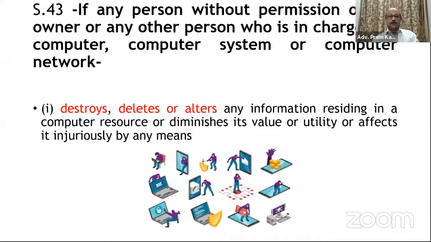So there, whoever destroys, deletes, or alters an aspect, alters. Now, apart from alters, how do I state diminishes its value? Value could be tangible and intangible. In this example, if I state diminishes its value, it is in the sense that the website of the state police is turned into a pornographic website.